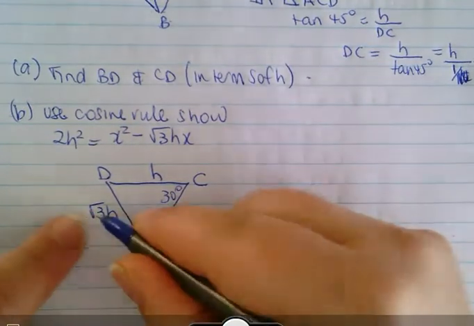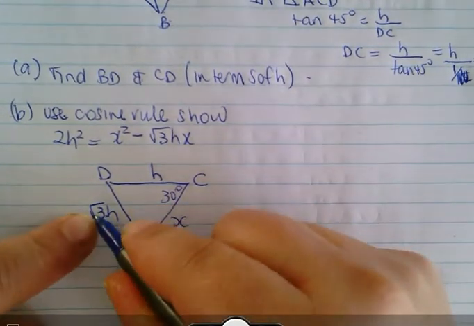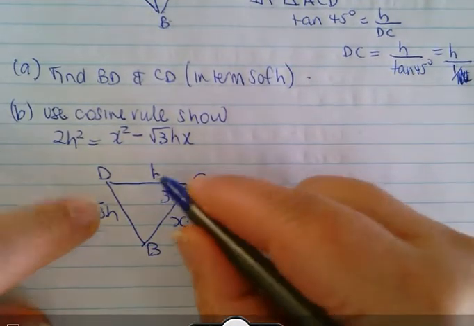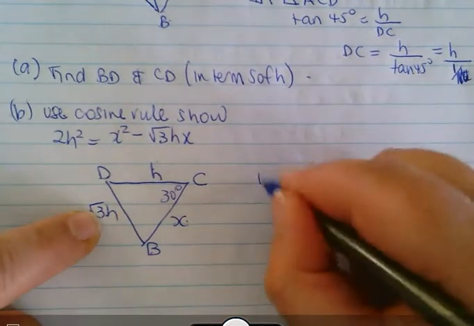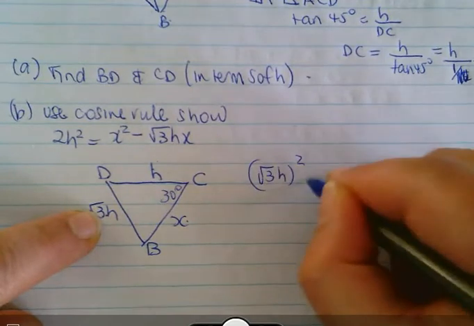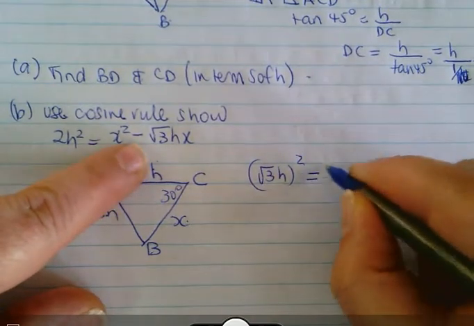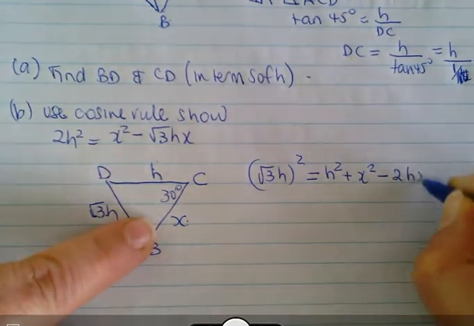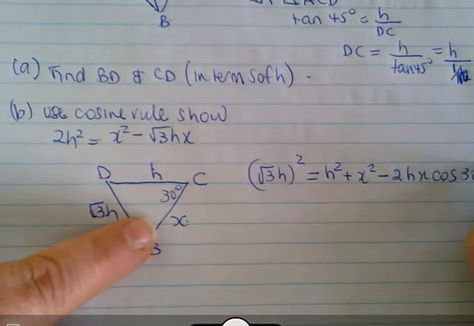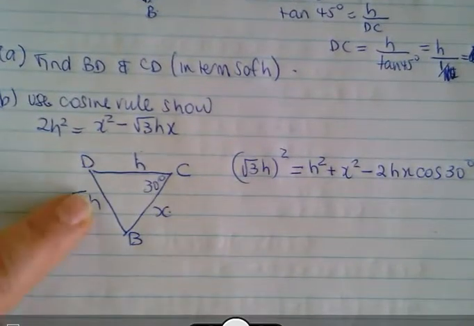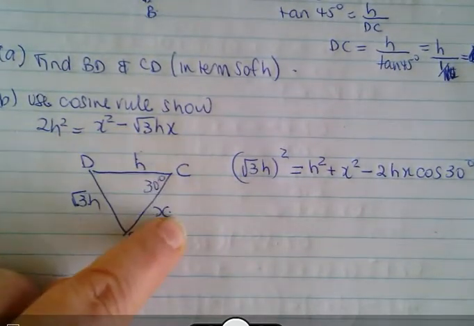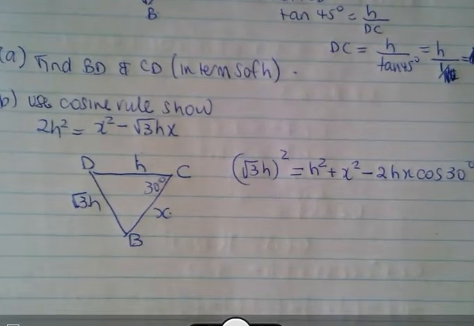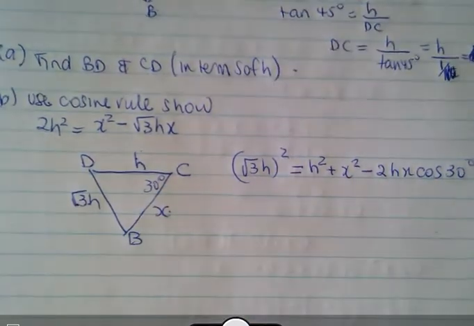So we're going to do this one, like c squared equals a squared plus b squared minus 2ab cos C. So it'll be root 3h squared equals h squared plus x squared minus 2hx cos 30. So this squared equals that squared plus that squared minus 2 times that times cos 30. Remember, cosine rule, 2 sides and the angle in between.